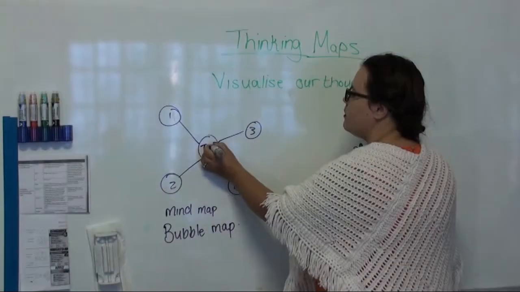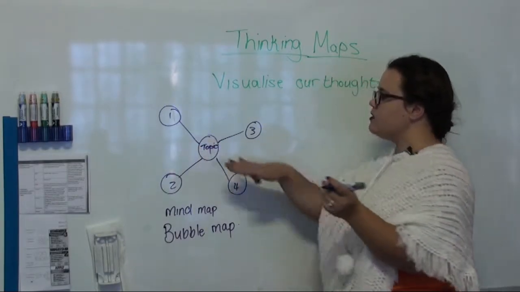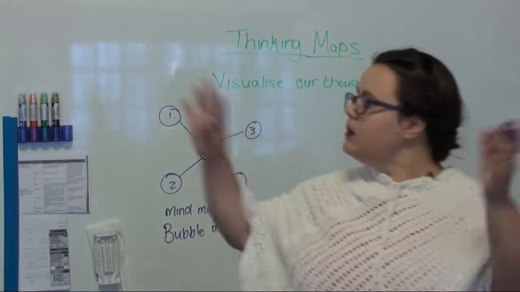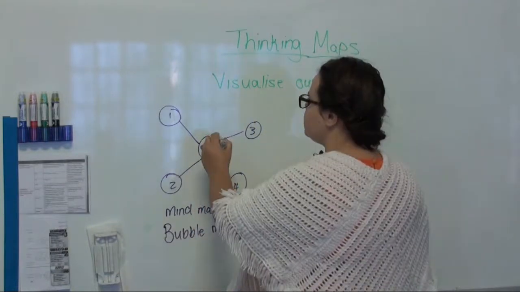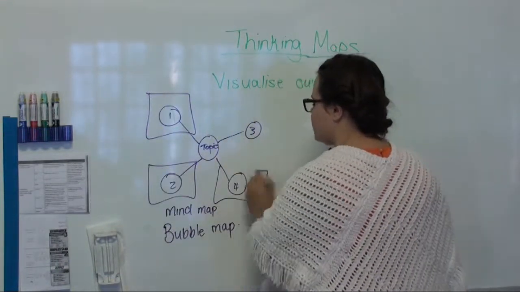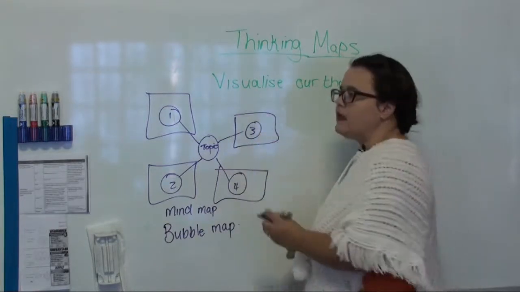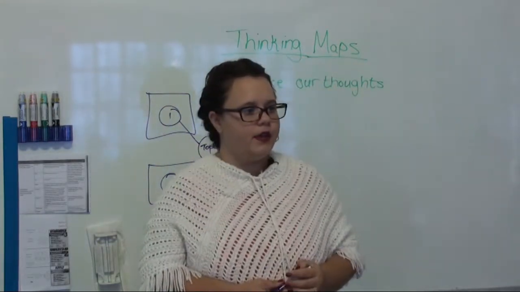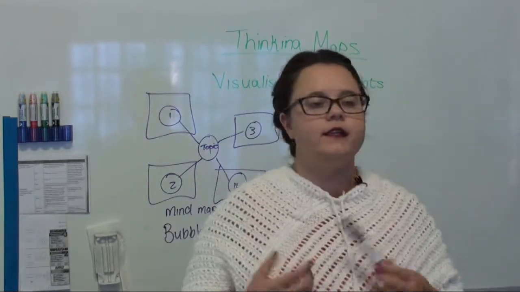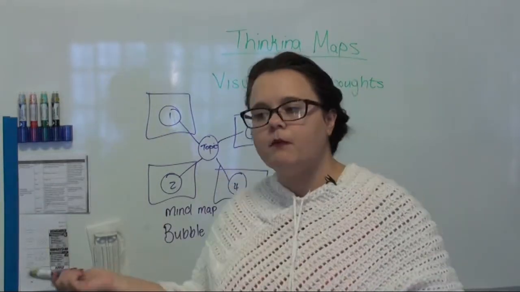And really what a bubble map is, is where you have the topic in the center, and on the outline sides of it, you would be summarizing aspects or providing key points. Okay? So when you are looking at things like provide a list, you can use a bubble map.